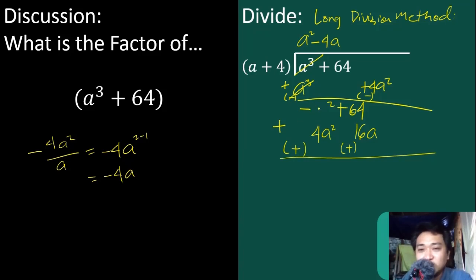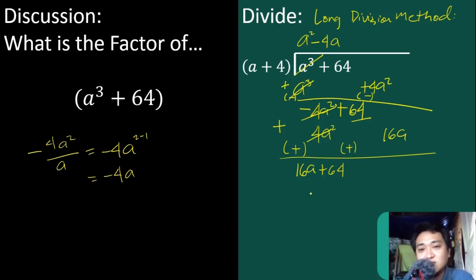So we will just cancel them out. How about this? O pwede ba natin silang i-add? Hindi kasi they are not the same terms. So lalabas natin siya. That is 16a. Okay, so let us bring down those terms. We have 16a plus 64.